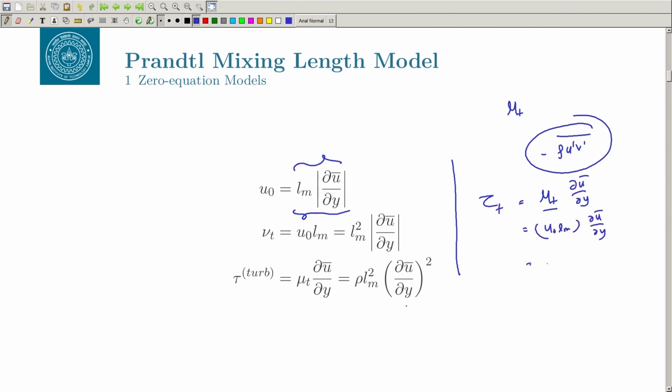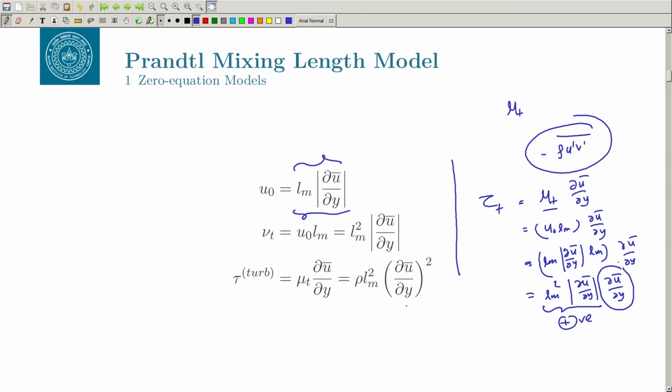Multiplying by del u bar by del y, finally this becomes equal to Lm square del u bar by del y multiplied by del u bar by del y. So this quantity, as you see, is a positive quantity.